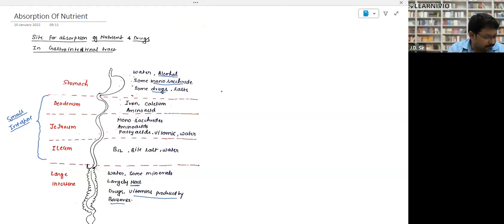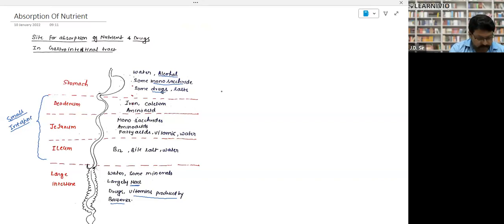Absorption of nutrient. 90% of absorption of nutrient occurs in the small intestine, comma.